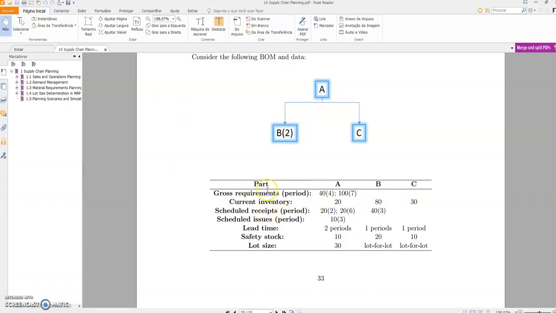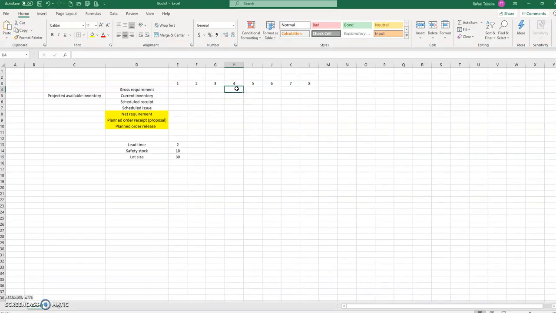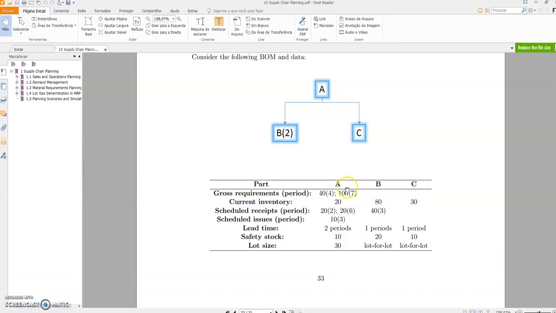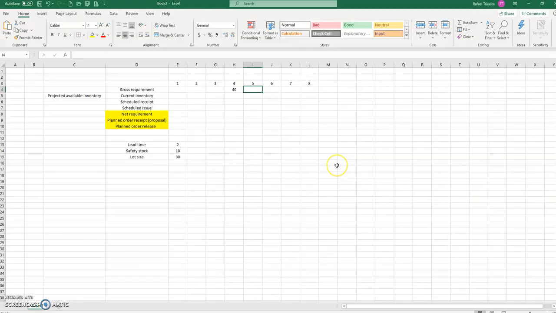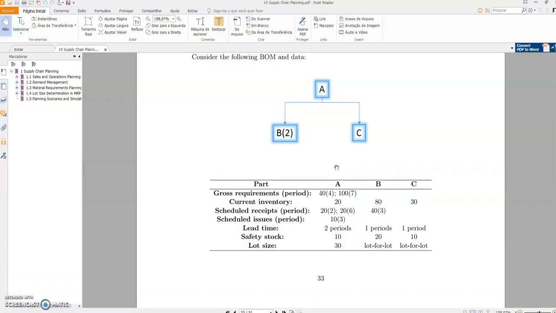For gross requirement, I need 40 in week 4, and I need 100 in week 7. The week is given within the parentheses, and the units here. So it's 100 units in week 7.